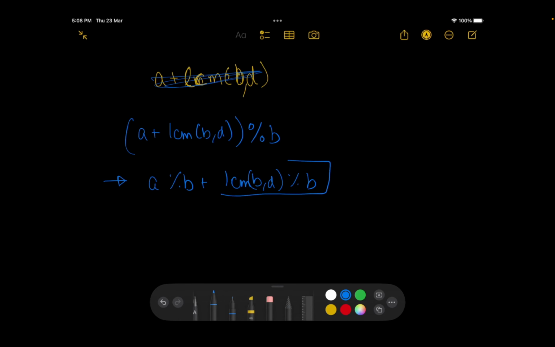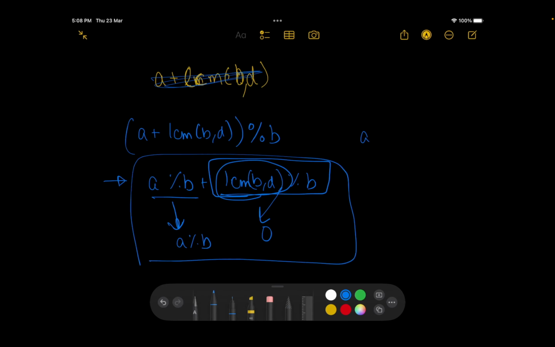Now since the LCM of b and d is the lowest common multiple, it is obviously divisible by b, so this would give me a 0 and this would give me a mod b. Same would be the case with c plus LCM(b, d) mod d. This would also give me c mod d.